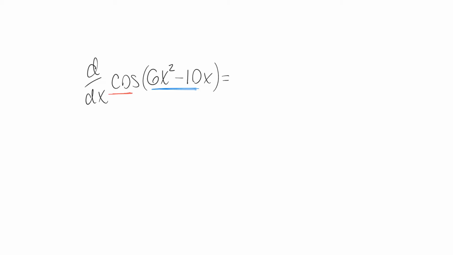The derivative of cosine is negative sine something. So 6x squared minus 10x. Now we need to take the derivative of 6x squared minus 10x. The derivative of 6x squared is 12x, minus 10.